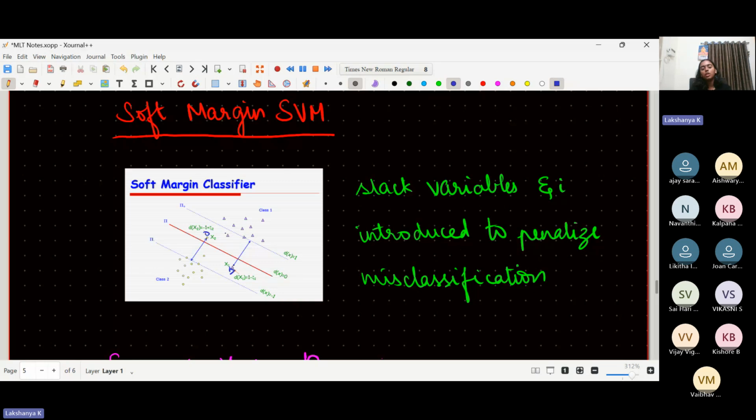Just because there are one or two exceptions, you don't want to think the best line you selected is actually a wrong line. So for that, we introduce some slack variables eta i. They create a penalty for misclassification. This still remains your best line of separation, but if a few points of this type are on that side or of that type are on this side, there's a small penalty induced for that, which makes sure that when your model is classifying a new point, it classifies correctly. That's the whole idea.